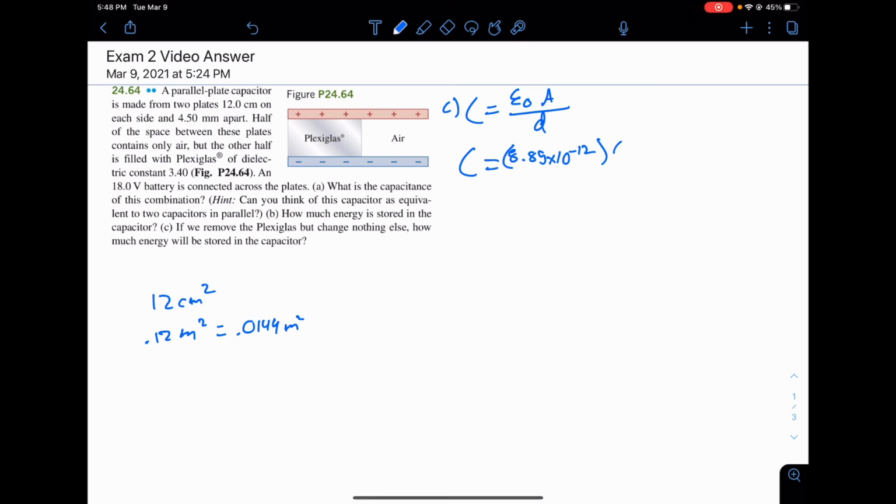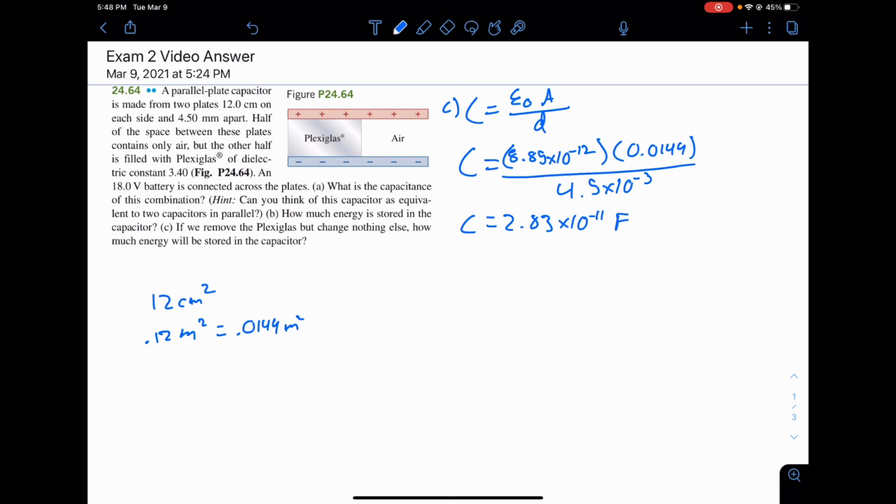So we would plug that in here, 0.0144 over our distance, which is still the same, at 4.5 times 10 to the minus 3. So our new capacitance is going to be 2.83 times 10 to the negative 11 farads.